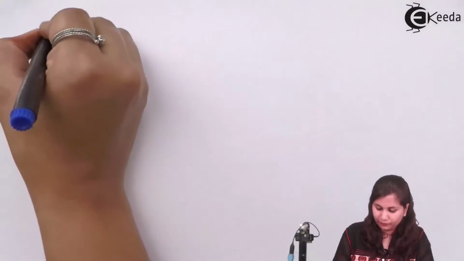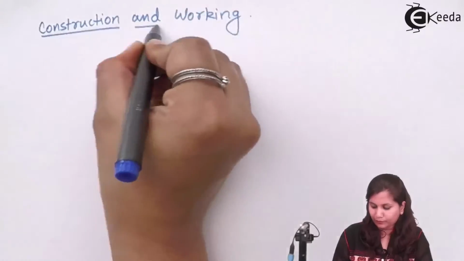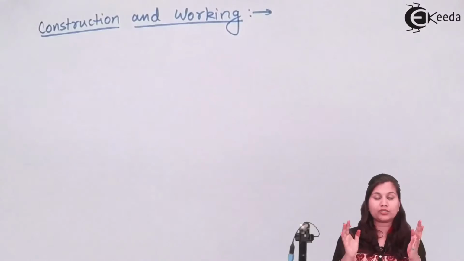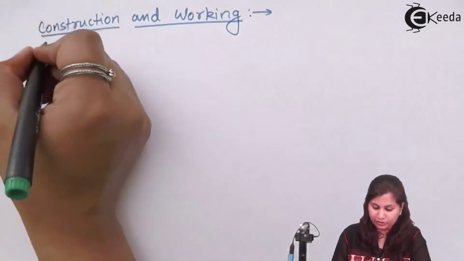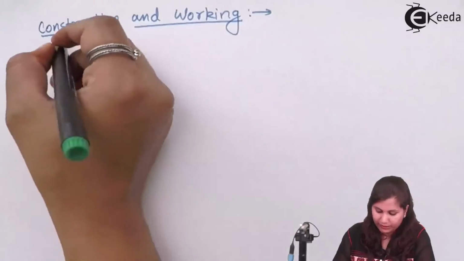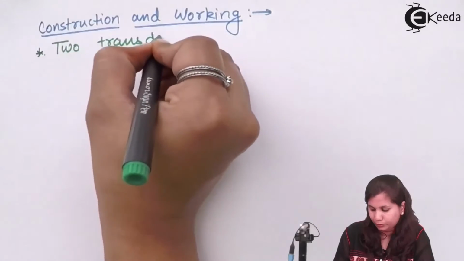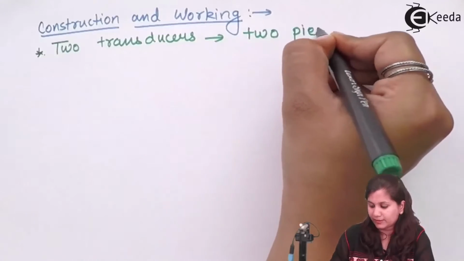So let us now see the construction and working of the ultrasonic flow meters. As I have said, in the ultrasonic flow meters there will be two transducers. These transducers are going to send and receive the ultrasonic waves. So here in the construction, it will consist of two transducers, which are basically two piezoelectric crystals.